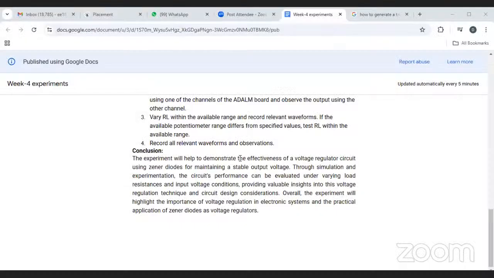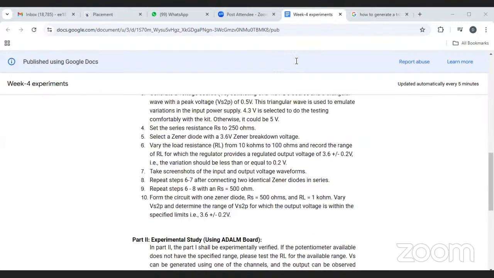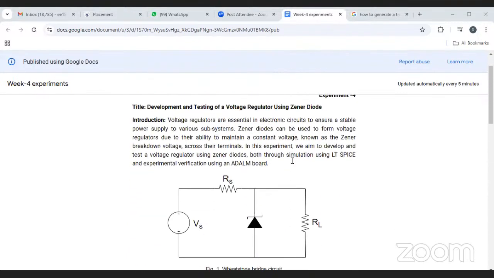Just a minute. So my screen is visible, hopefully.